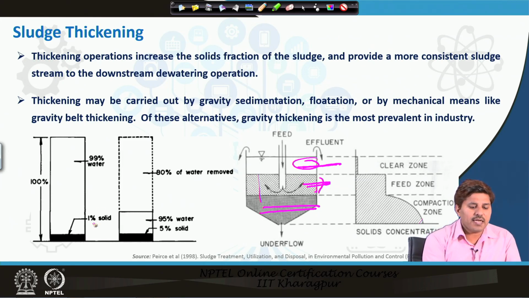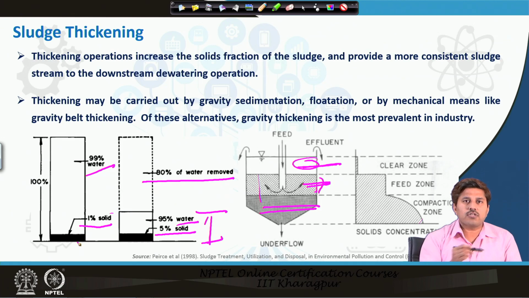So, let us say we start with 1% solid and 99% water. If we are able to increase this to 5% solid and 95% water, then we are bringing the total volume down from 100%, so almost 80% of the water will be removed, and the sludge volume will remain just 1/5.